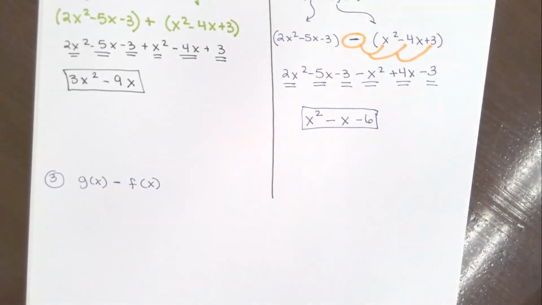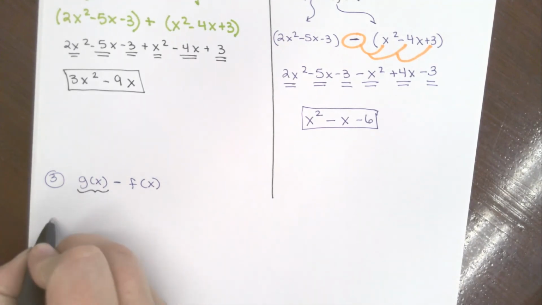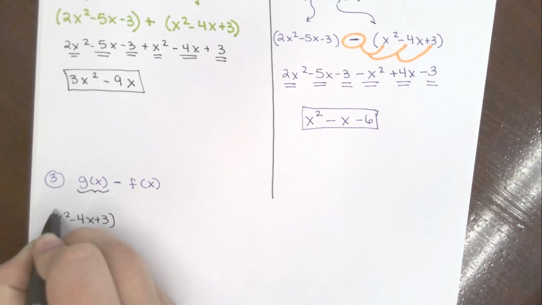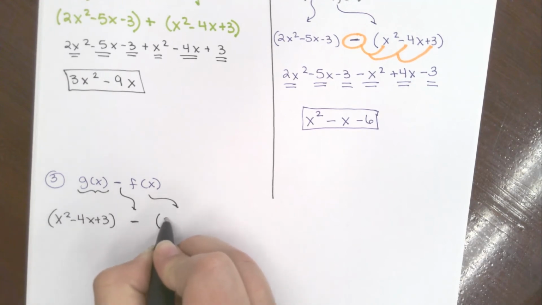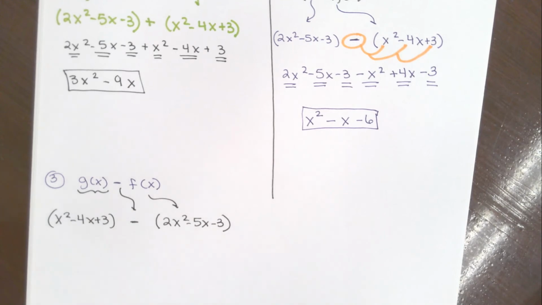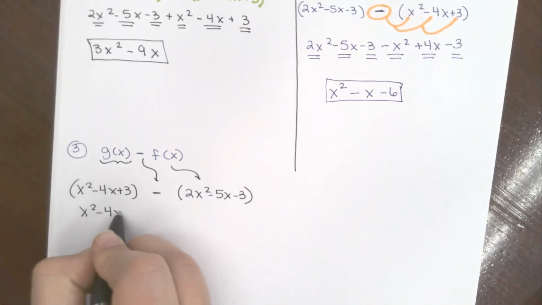So in this case, it's asking you to take your g of x equation, your x squared minus 4x plus 3, and then it's asking you to subtract that f of x equation, which was 2x squared minus 5x minus 3. So let's go ahead and do that. Don't forget you do need to distribute that negative.